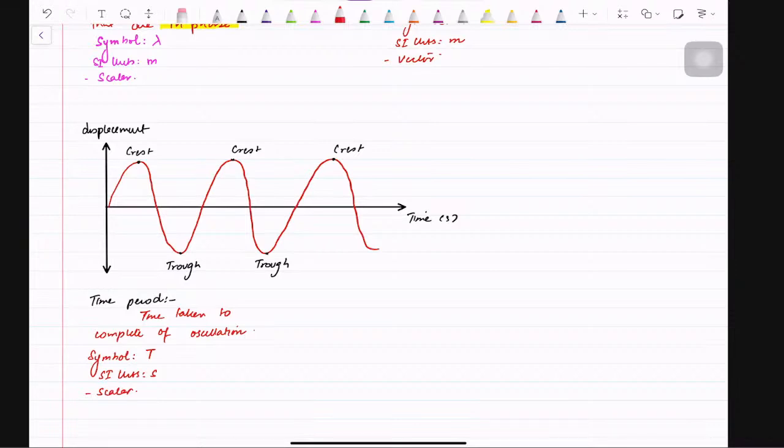So time period can be found out exactly like we found wavelength, like from crest to crest. That would be one time period. From trough to trough, that is also a time period. And this, one whole crest and a trough, is also a time period.